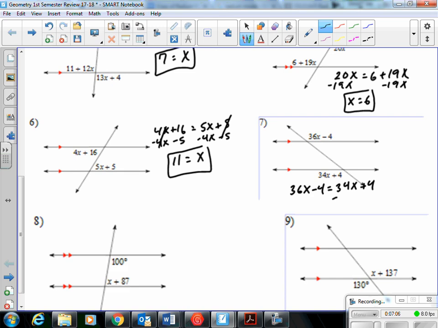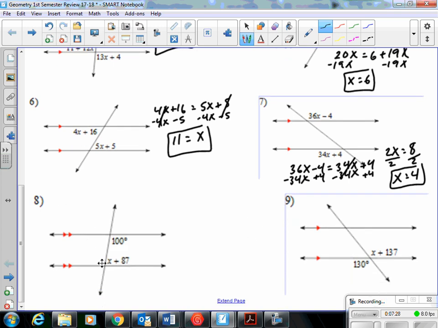So subtract 34x and add the 4 to both sides. So 2x equals 8. Divide by 2. X equals 4.